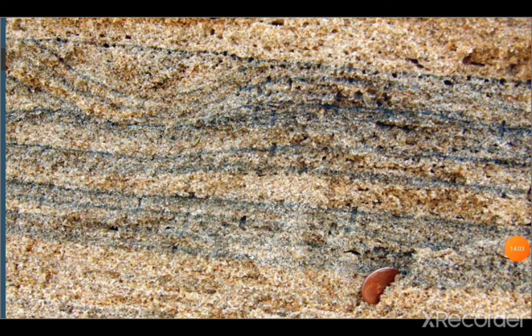In this picture, we can observe the banded layers of iron in magnetite deposits. These are the residual liquid segregation deposits. In this picture, we can observe the layers of iron formations.